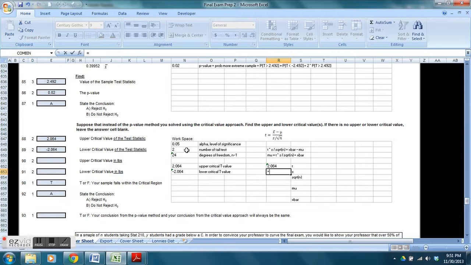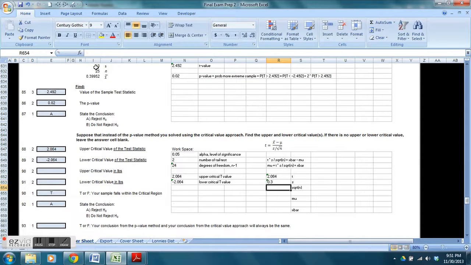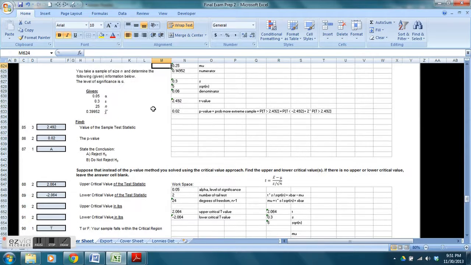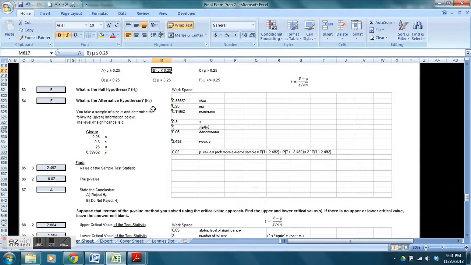Oh yeah, it's given to us up here, along with the square root of n right here, and then mu. And mu is what we saw in the null hypothesis, which is 0.25.